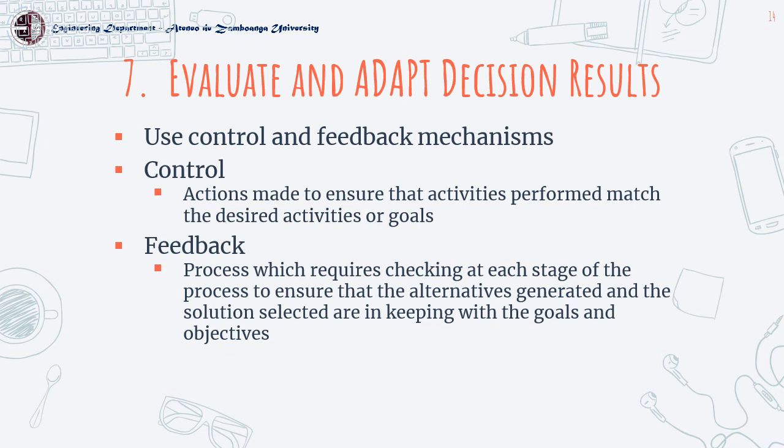In this last stage of the decision making process, the engineer manager will find out whether or not the desired results are achieved. If the desired results are achieved, then you can assume that the decision made was good.